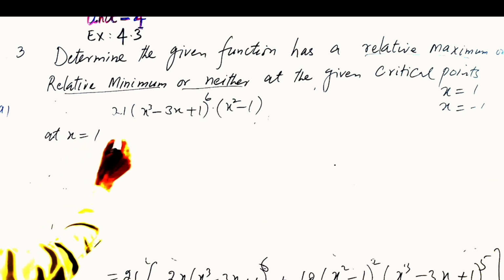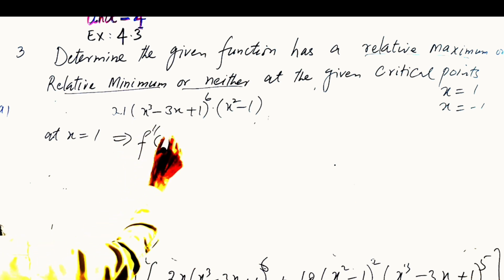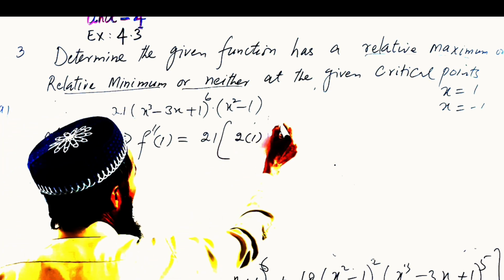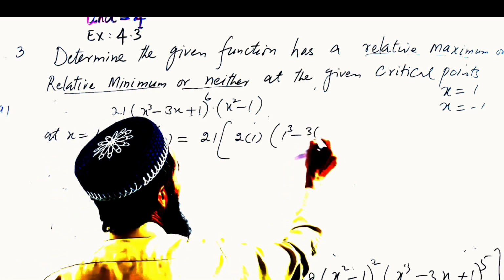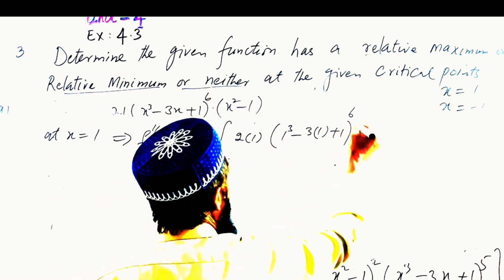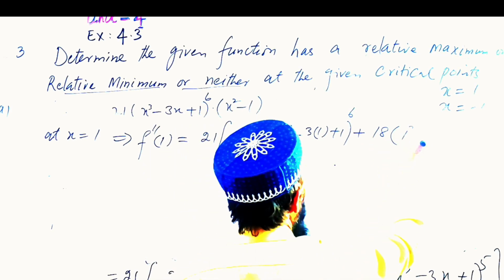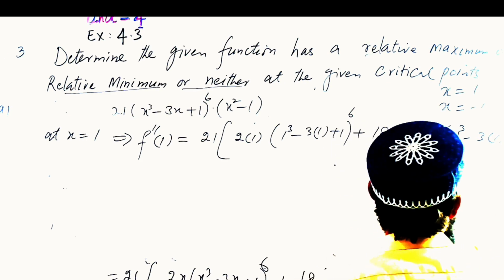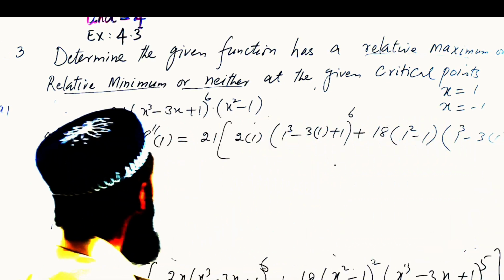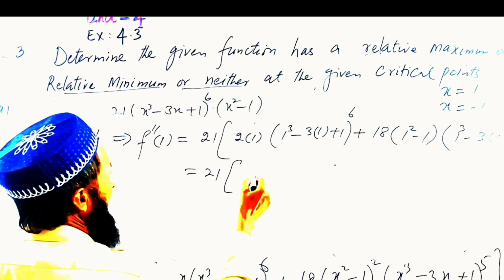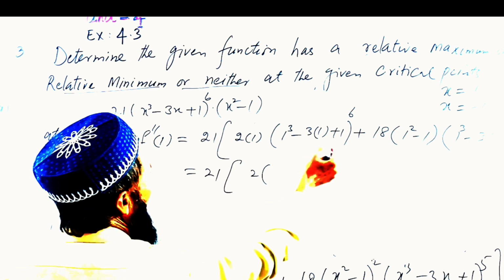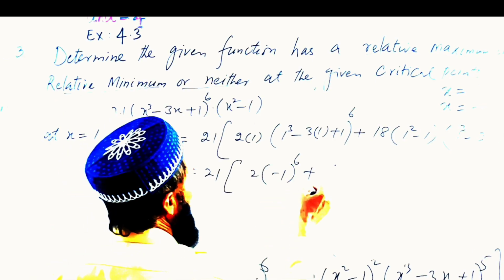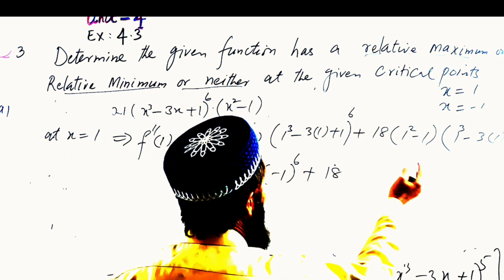Now x = 1, and f''(1) we apply here: 21[2·1·(1³ − 3·1 + 1)⁶ + 18(1² − 1)²(1³ − 3·1 + 1)⁵]. Now 21 times 2·1·(1 − 3 + 1)⁶ = (−1)⁶ plus 18 times a term which is completely 0, since 1 − 1 is 0.